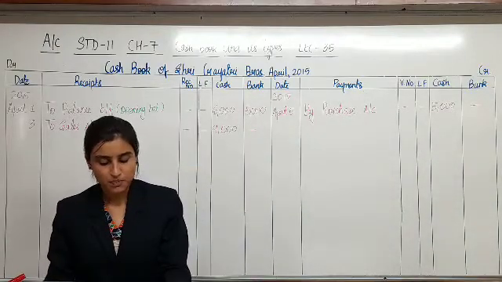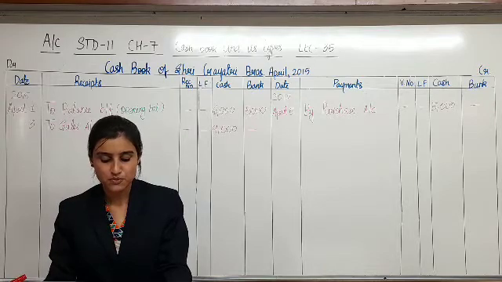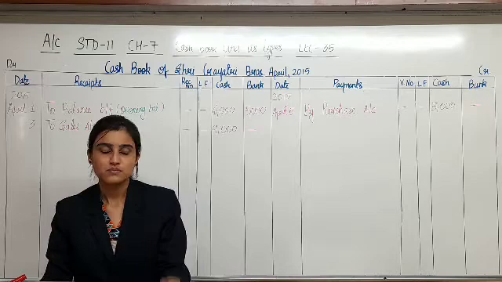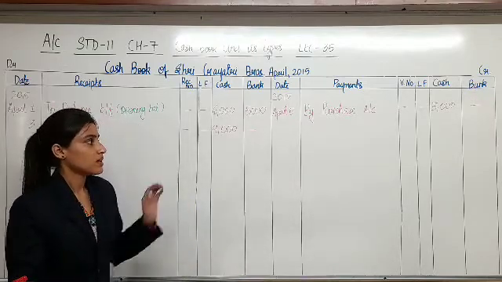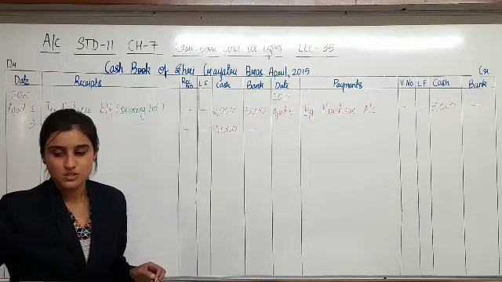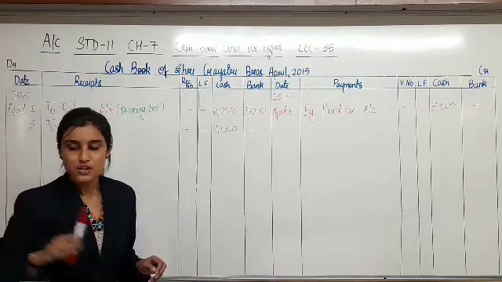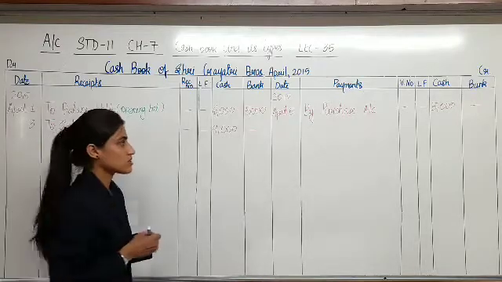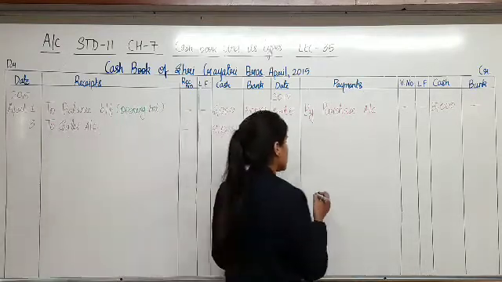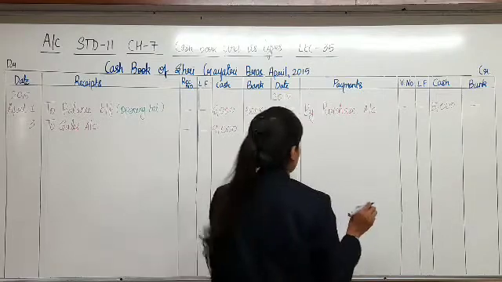7th of April, cash of rupees 1,500 is deposited in the bank. Cash is deposited in the bank. Now understand, this is the most important transaction of all. Try to understand what I am explaining. Let me write down the journal entry for this. First of all, you are not supposed to write, I am just explaining.